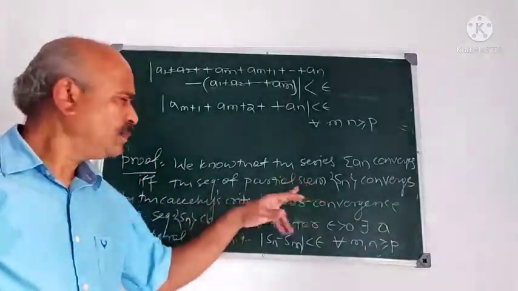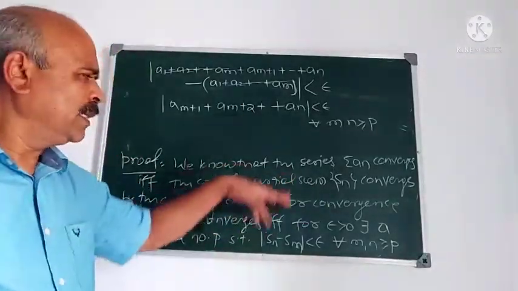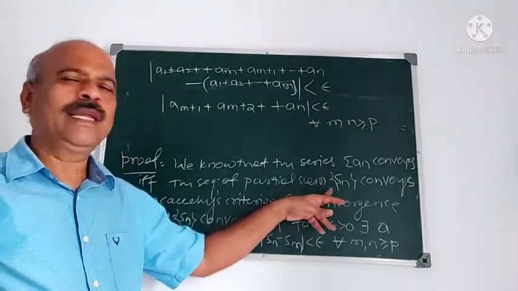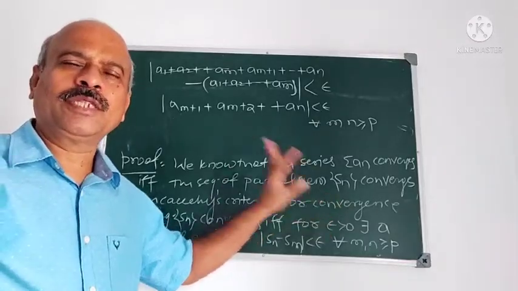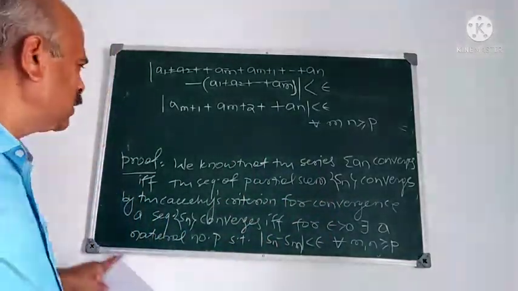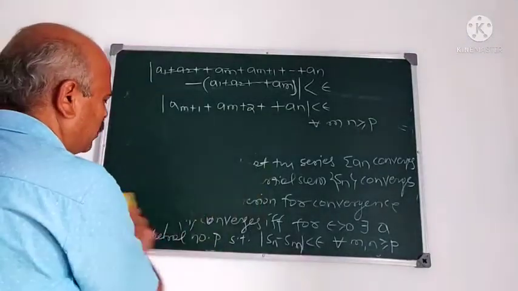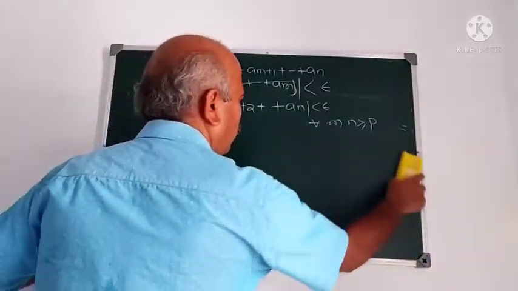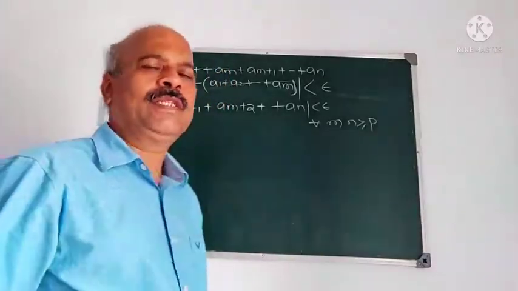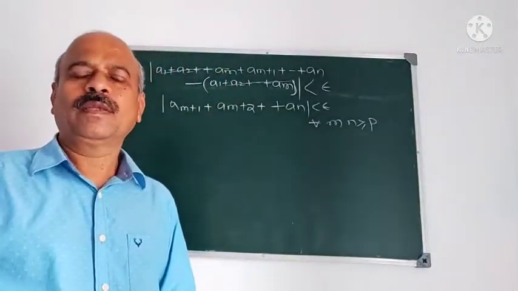The theorem is directly based on Cauchy's criterion for convergence of sequences. Now, this Cauchy's general principle of convergence is helpful when it is difficult to form a sequence of partial sums.